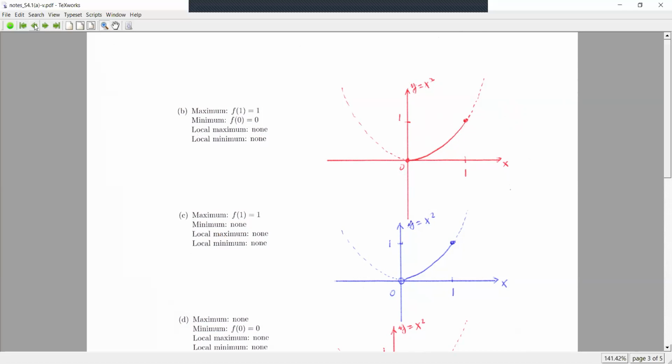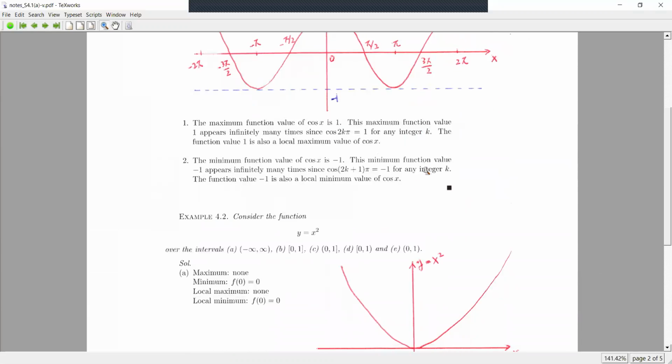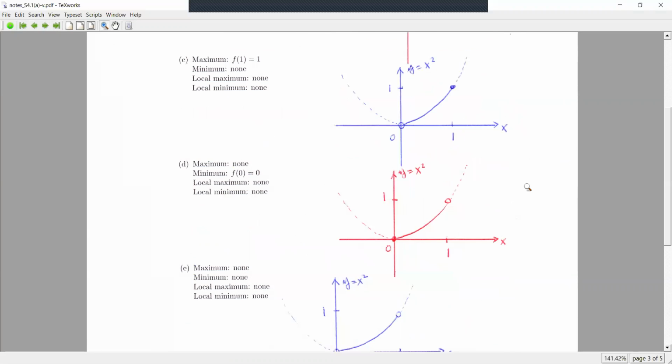Part C, go back to the problem. Part C is consider the parabola over this interval. Now, excluding 0, but including 1. We consider this portion of the parabola.